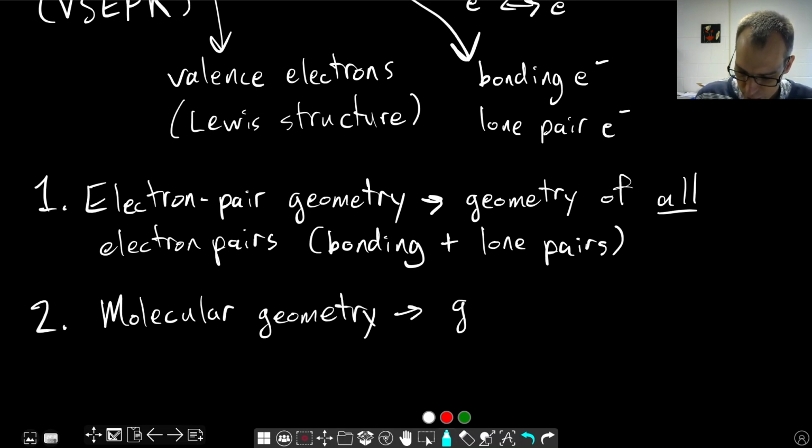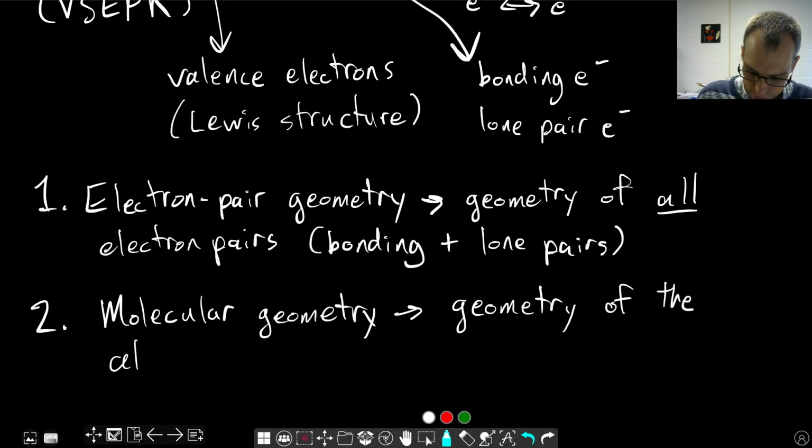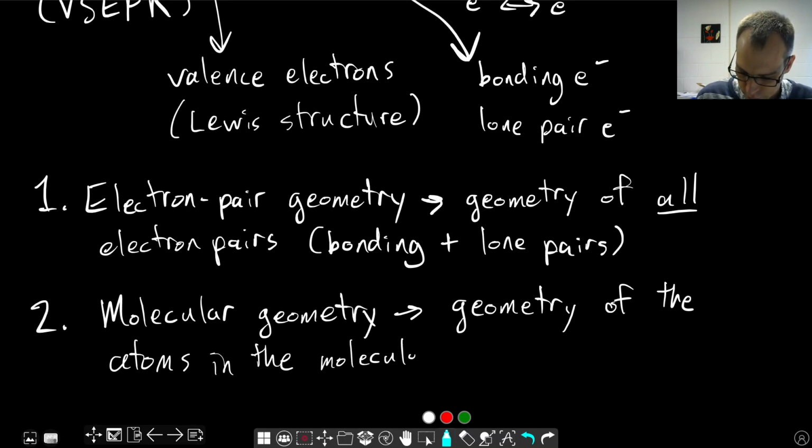This is the geometry, or the shape, of the atoms in the molecule. If we're thinking about this in terms of electron pairs, essentially you're only worrying about the bonding electrons.